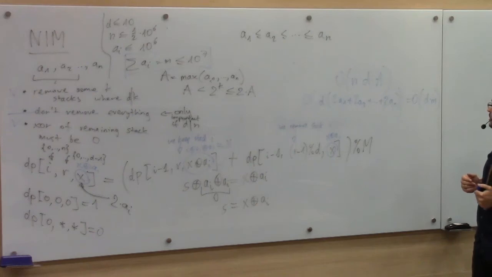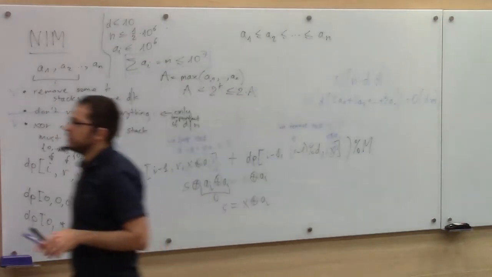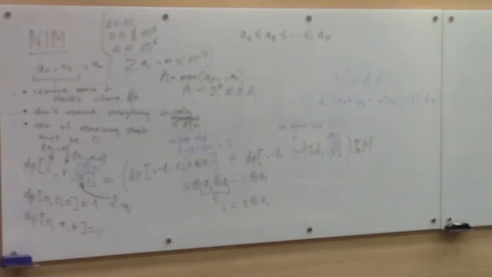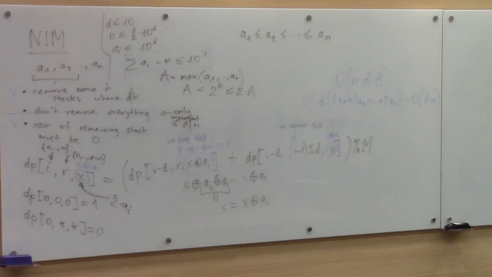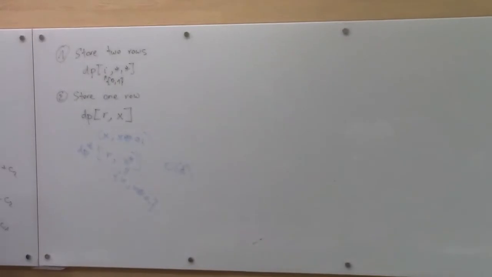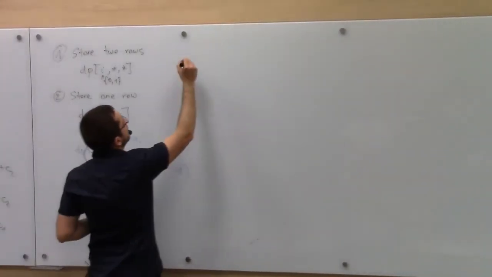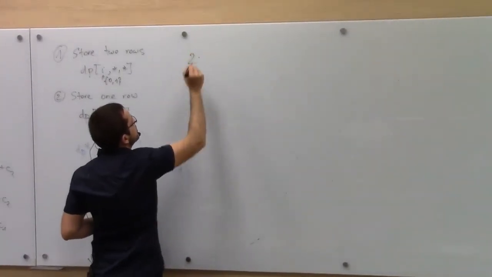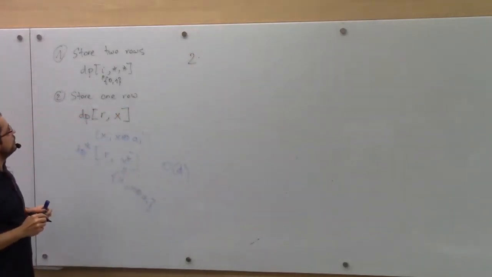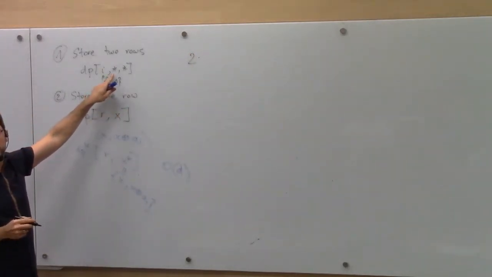But still, we would have problems with the memory here. So once again, we can use the standard approach of storing only 2 rows. So we would need 2 rows of memory. In each row, we have D up to 10.